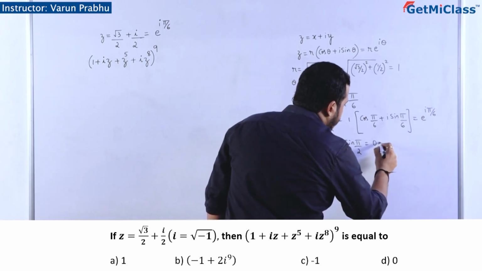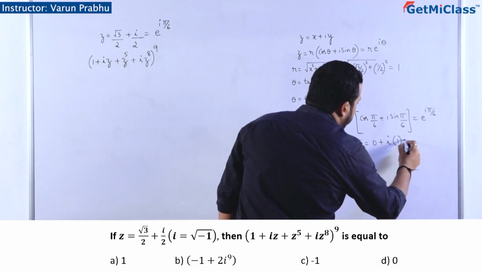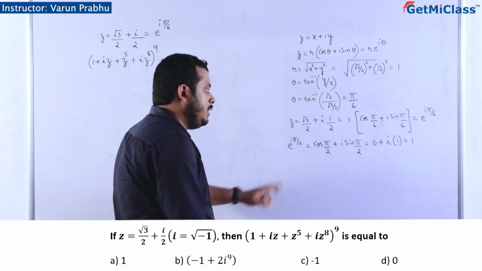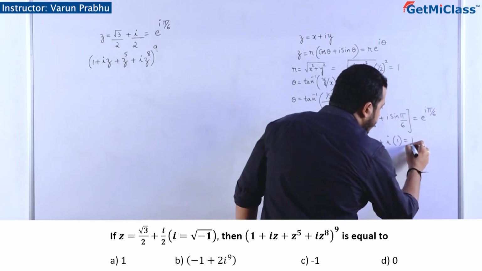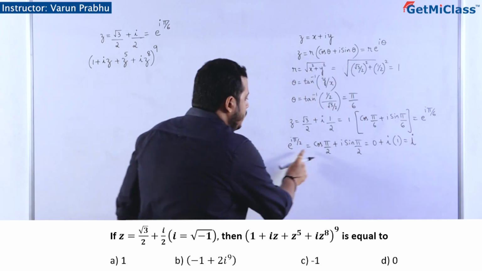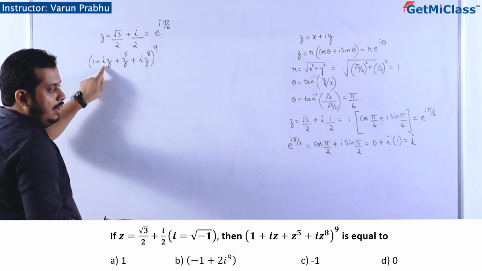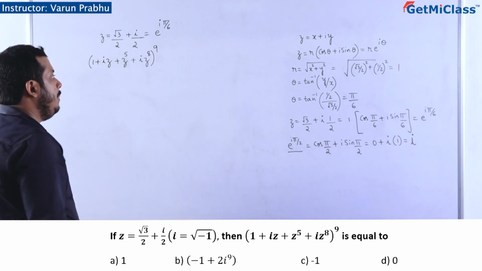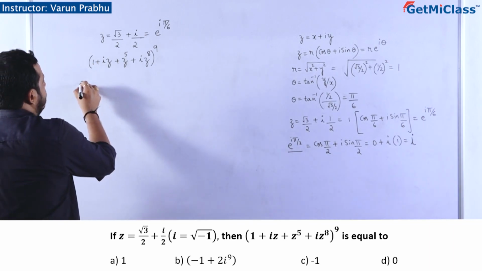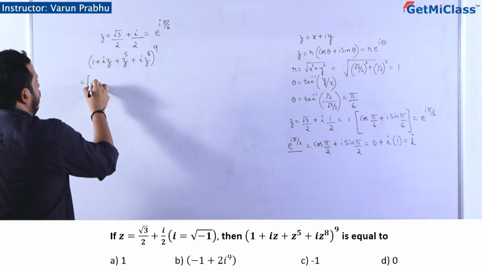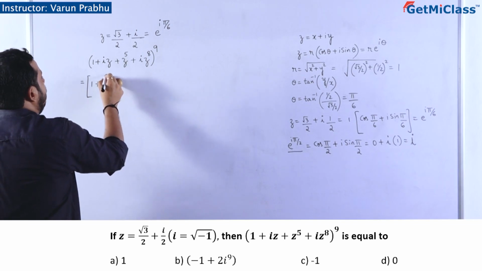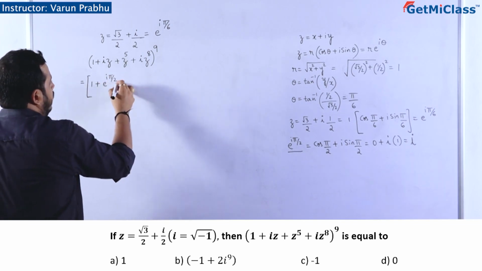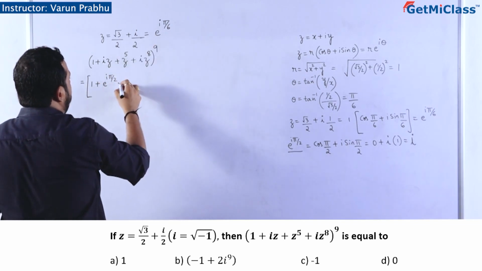Cos pi by 2 is 0 plus I into 1, that is equal to 1 into I into 1 is equal to I. So if you see I here, I can easily write it in the polar form as e to the power I pi by 2. So I can write this is equal to 1 plus e to the power I times pi by 2 into, what is this z value is equal to now?